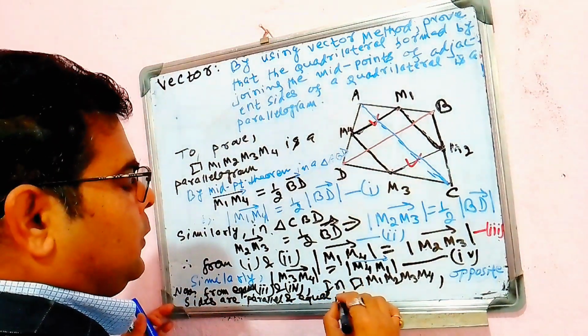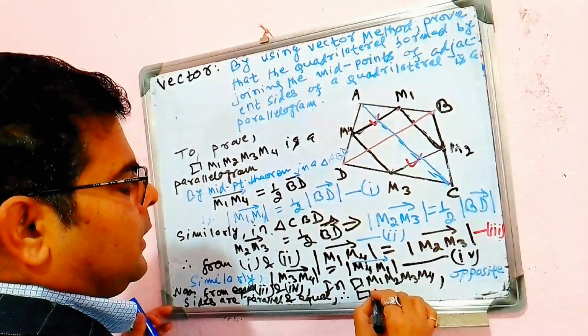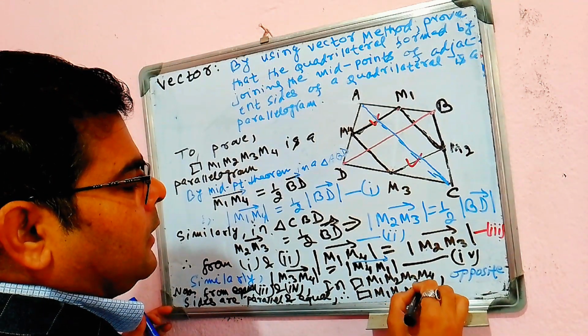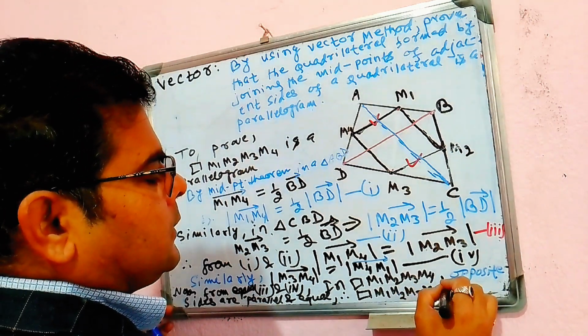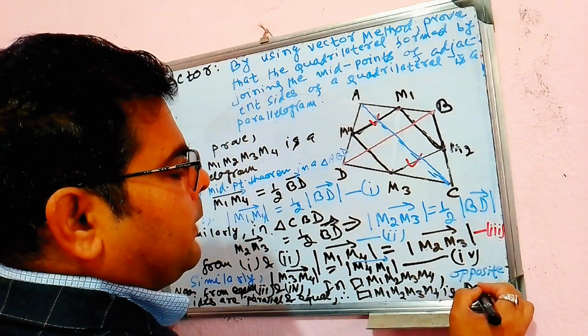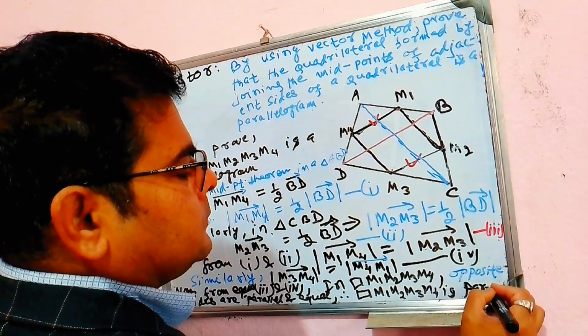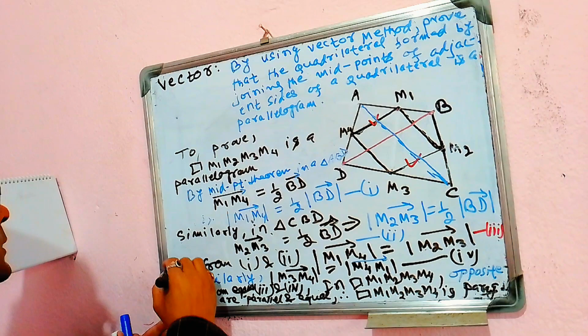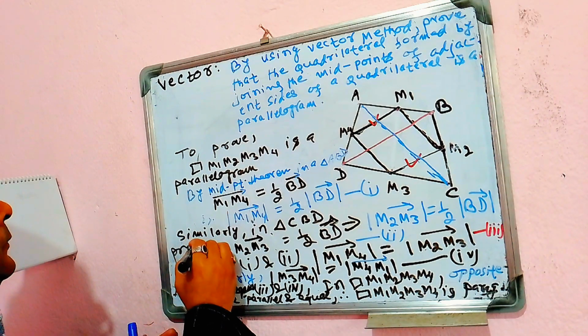Therefore the quadrilateral M1 M2 M3 M4 is a parallelogram. And hence this is proved.